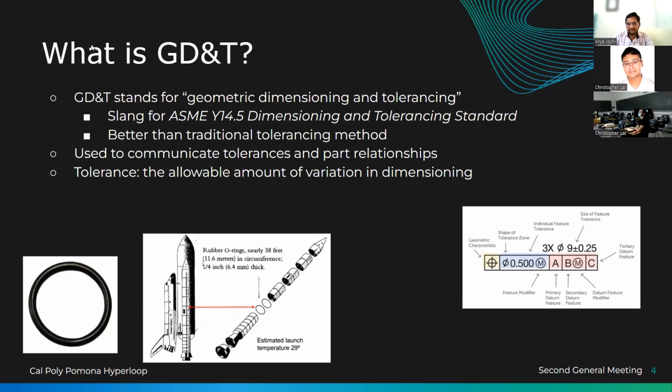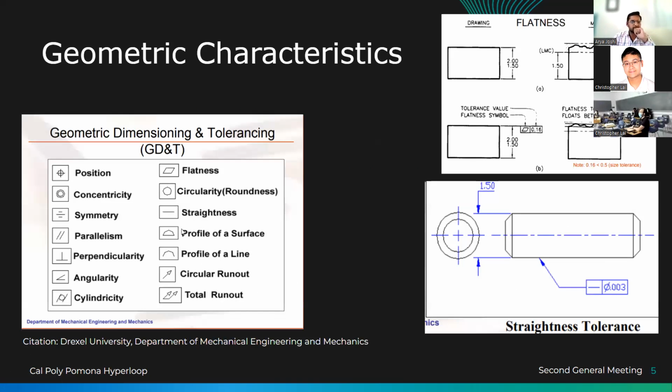If you go back, you can see that the first thing is the geometric characteristic. So that's what we're going to be talking about. The geometric characteristics are a bunch of these small symbols, right? And they all mean something. So the first, the circle with the center cross, is position.